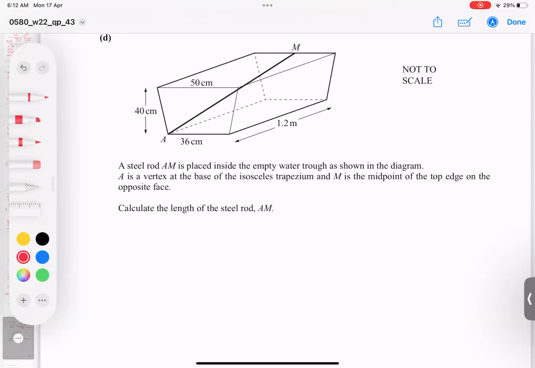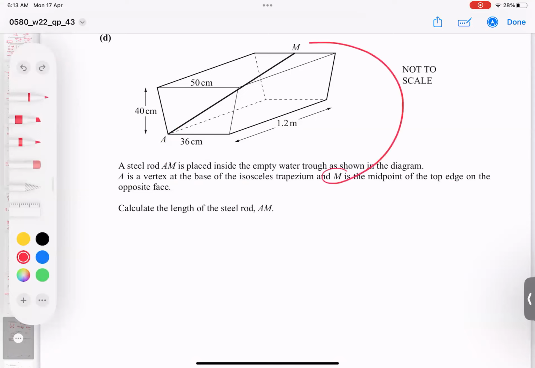Question, this one, part D. The steel rod is AM. You can see the steel rod is placed inside the empty water trough as shown. After removing the water, we can keep the steel rod inside. A is the vertex at the base of the isosceles trapezium, and M is the midpoint of the top.